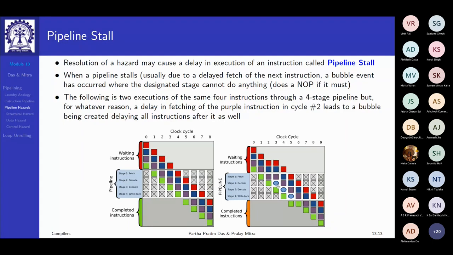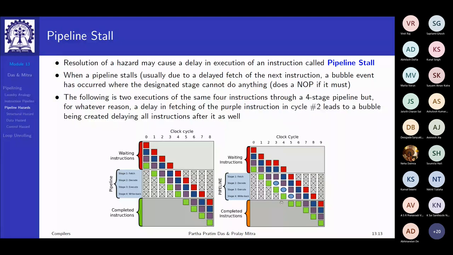Which means that where it should have done a decode, it actually does nothing. Right? So you can consider this as a no operation instruction, or as it is often called, a bubble. As if the bubbles are coming up where you are doing nothing. And that has a propagating effect. Since you could not do this decode on time, you cannot do the execute on time, you cannot do the write back on time.